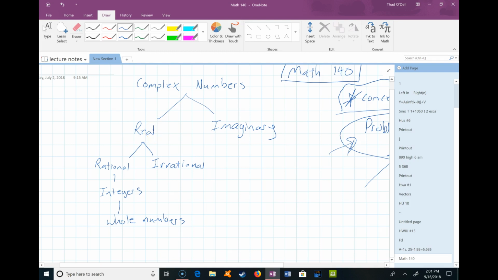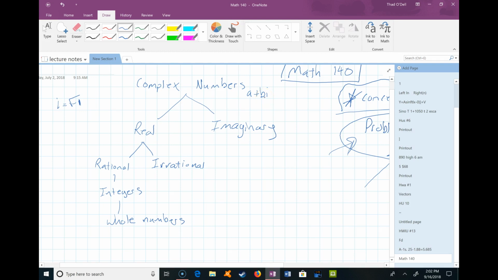Complex numbers in general can be written like this, a plus bi, where a is a number and b is a number, and i is, some of you may not have been exposed to it yet, the square root of -1. We will not be dealing with imaginary numbers much at all, or very little in this class. You'll see them more in 141, which is the class after this. But imaginary numbers are numbers that have something other than 0 for b.